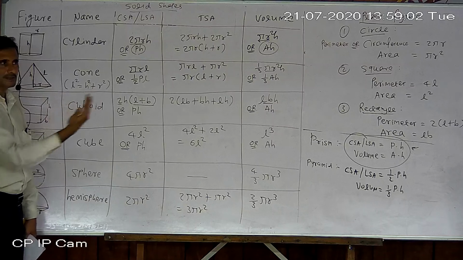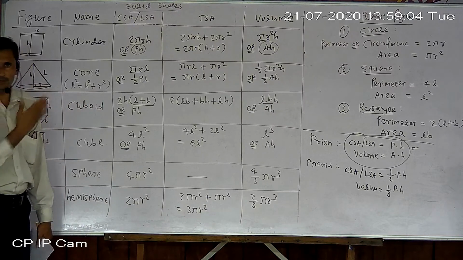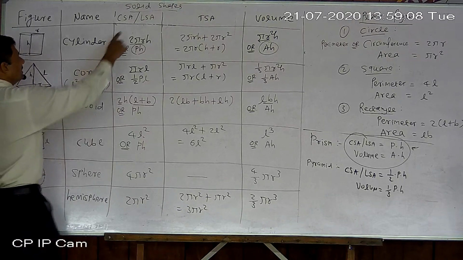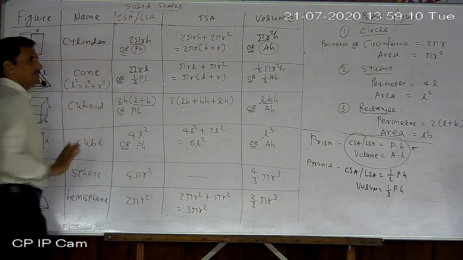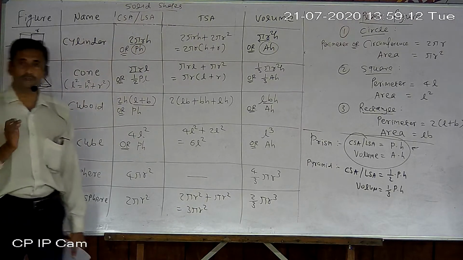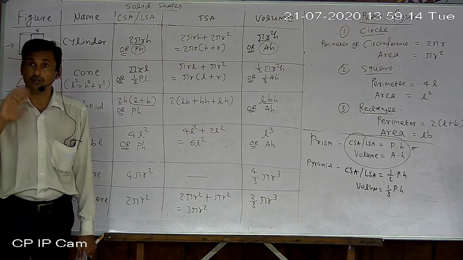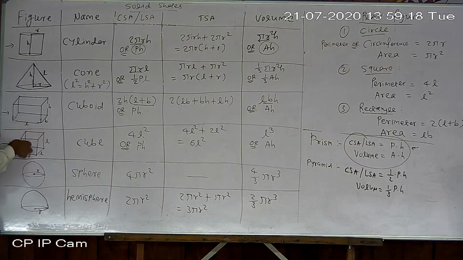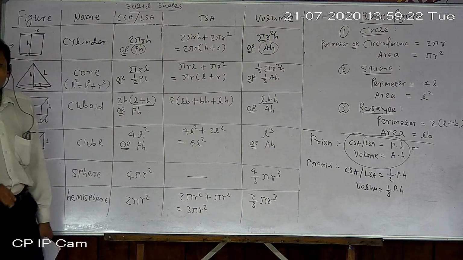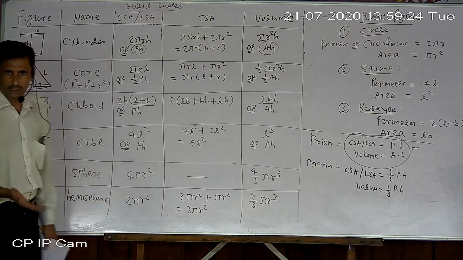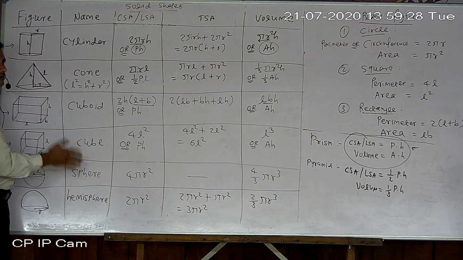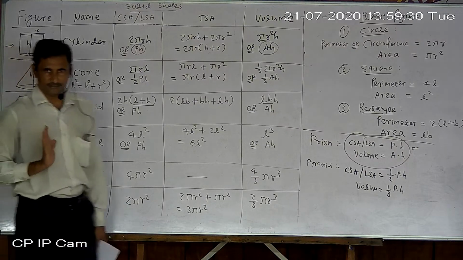Lateral means surrounding, not the top or bottom part. So in this sense, LSA means CSA only. But CSA's full form is curved surface area, and sometimes there is no curved part in the shape, so CSA cannot be applicable to all shapes. But LSA is applicable to all. That minor difference is there.